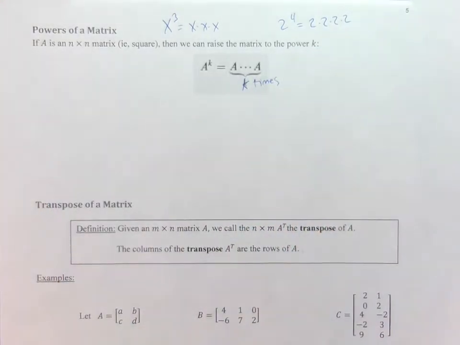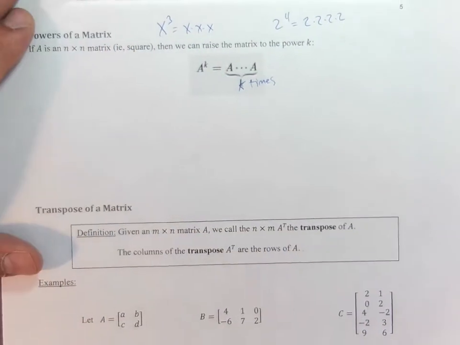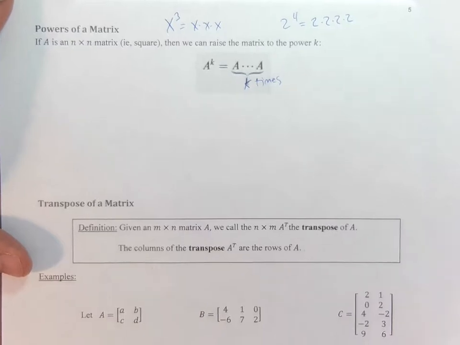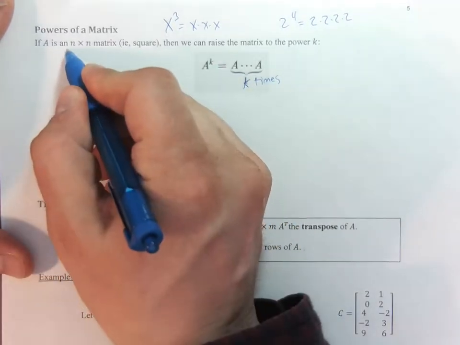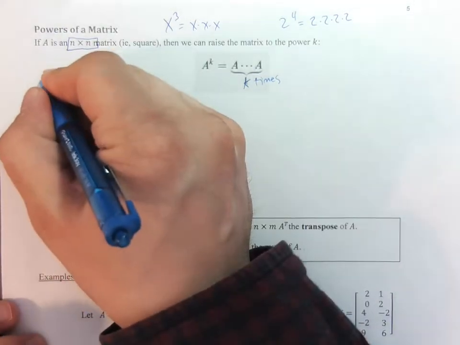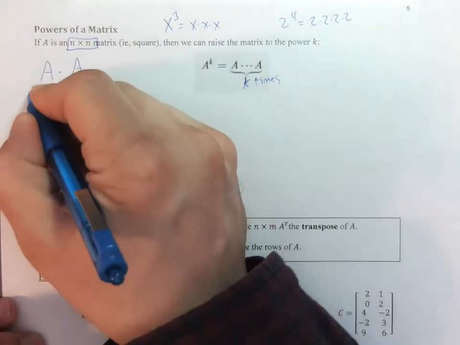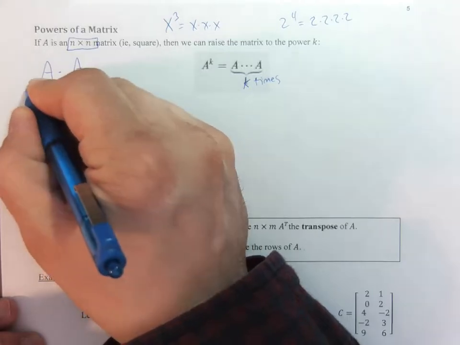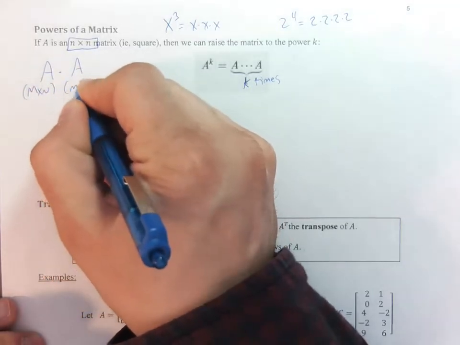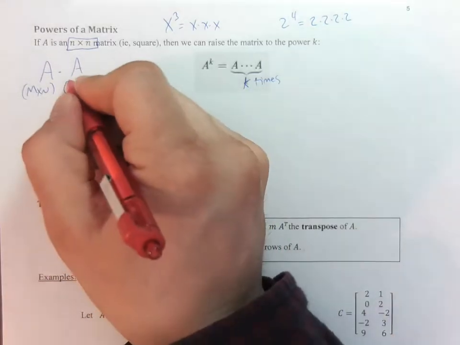Now there's a couple key things here about that. First of all, this definition is noting that we should have a square matrix, so it needs to be n by n. The reason for that is because we know that if we multiply two matrices together, A times A, then their inner dimensions have to match up, right? And so if A is an m by n matrix, and we multiply it by itself, then we need these two numbers to match.